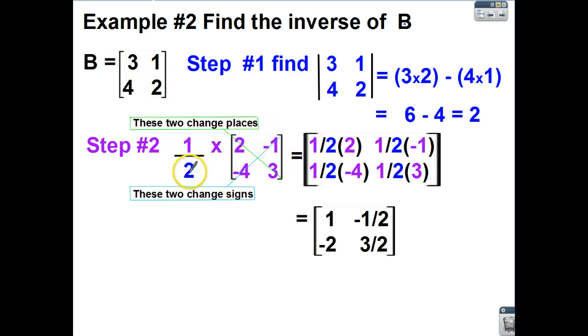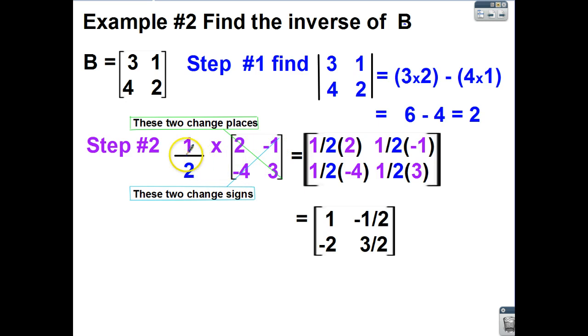It's going to be that fraction times a matrix with certain changes done on the diagonals. And of course, I've got it written up here. These two changed places, didn't they? So the 3 was up here and the 2 was down here. They've traded places. And the 4 and the 1, well, these two changed signs. Okay? So it became -4 and -1.